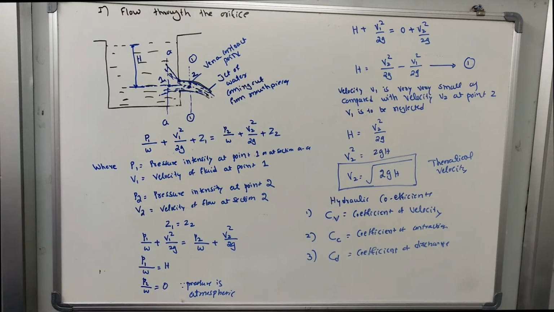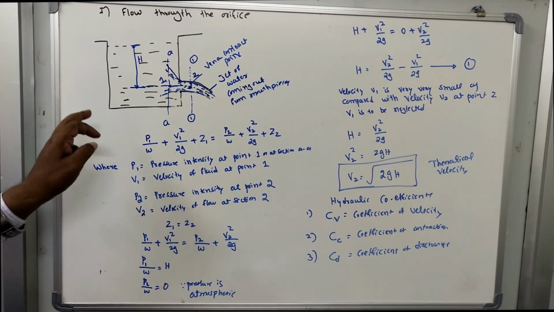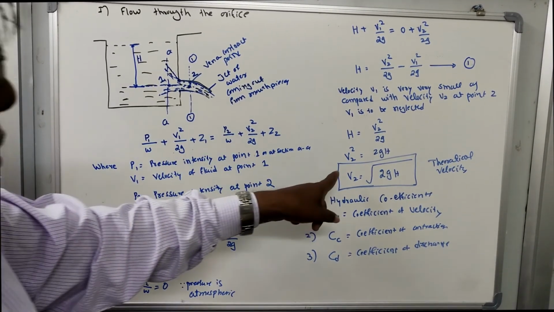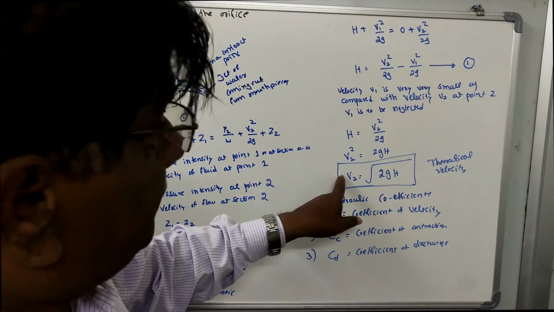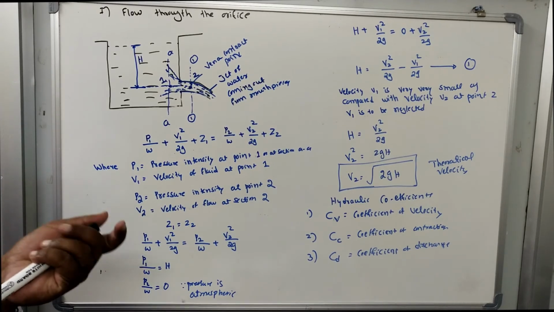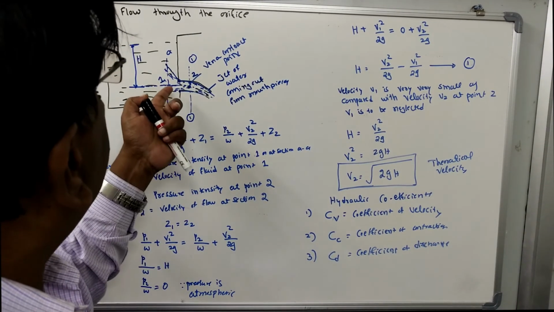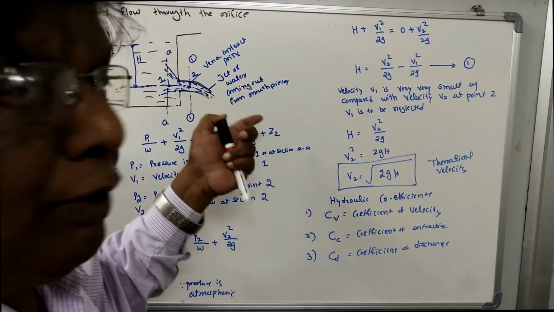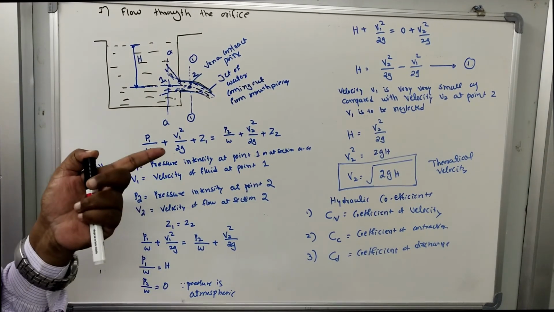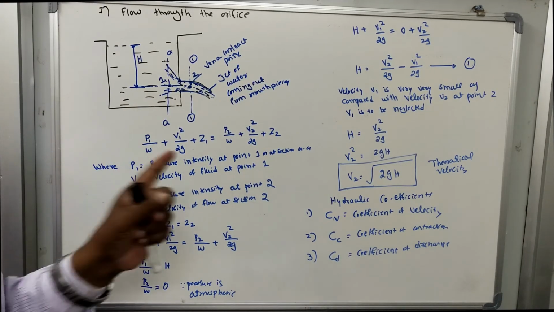To modify the derived equations, so this is a derived equation for the theoretical fluid. That's why we call it the theoretical velocity. But actually in practice the fluid is not ideal, it is a real fluid, and whatever velocity we are getting through the orifice, there is loss in velocity because of the orifice.